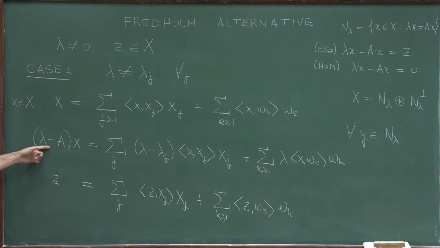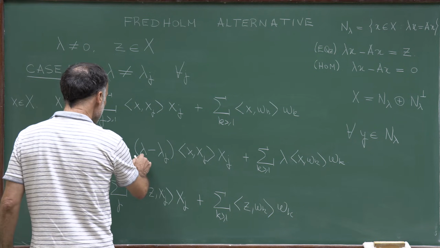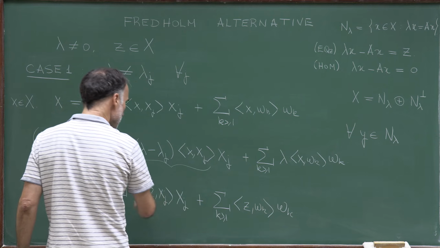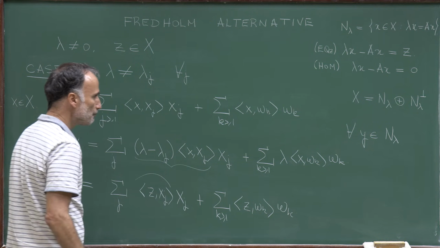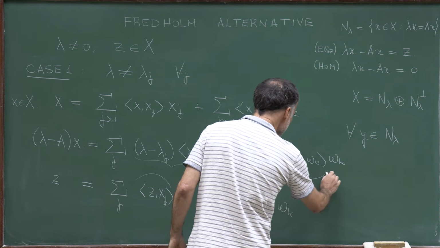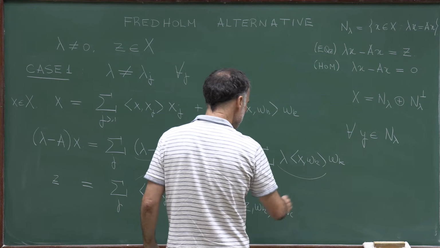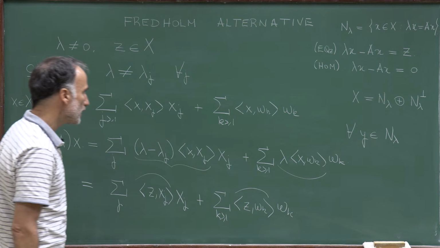Now, if I want these two expressions to be equal, this means that for all j, this scalar has to be equal to this one, and this one has to be equal to this one for all k.